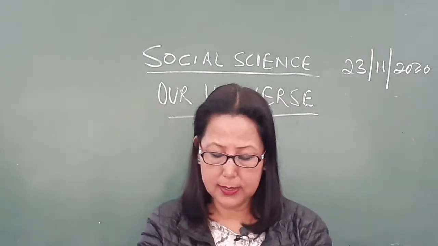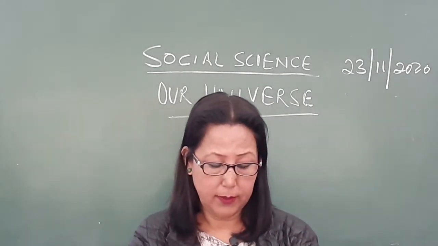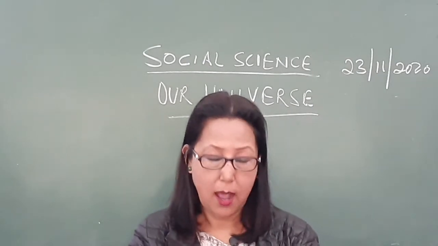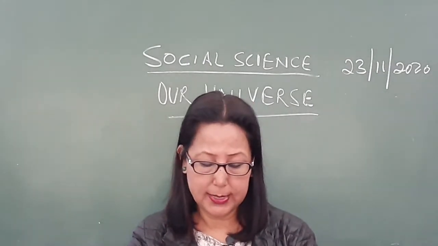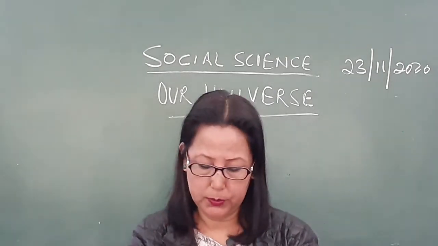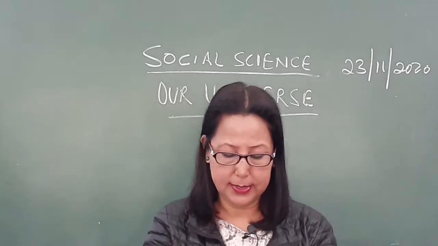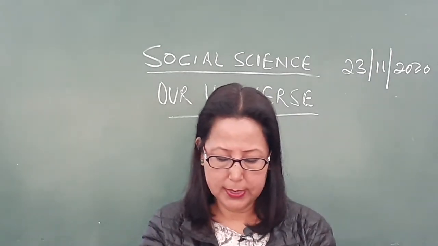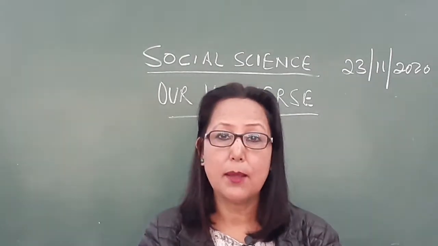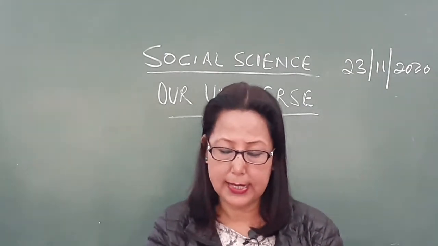The 8 planets of the solar system are Mercury, Venus, Earth, Mars, Jupiter, Saturn, Uranus and Neptune. Mercury is the smallest planet, while Jupiter is the largest planet. Now we are going to read about the planets.